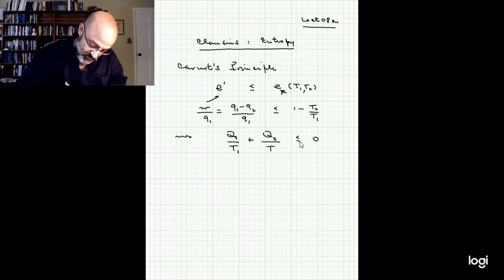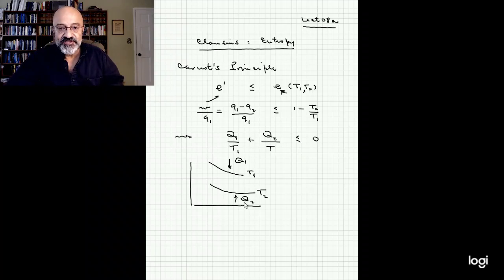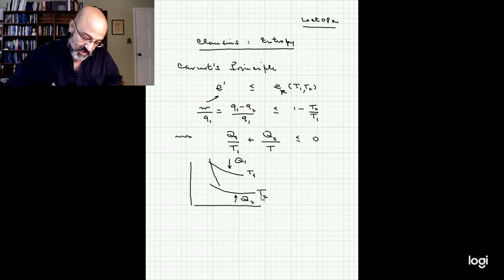What we saw when we have an equality sign is that all the heat Q1 enters at temperature T1, and heat Q2, negative heat Q2, is delivered to the engine at temperature T2. No heat transfer occurs on the other parts of the cycle. So this is the Carnot cycle.